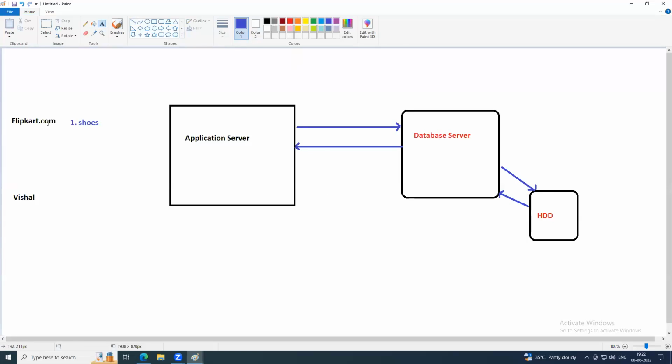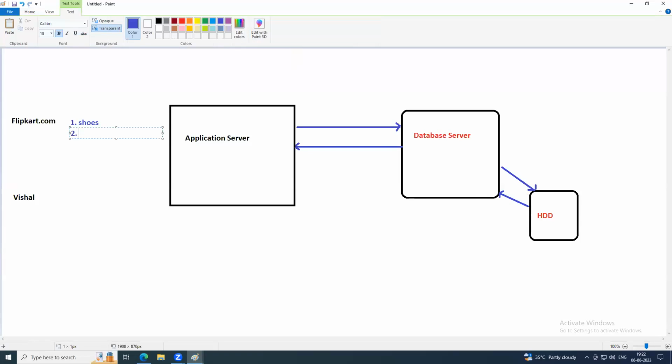Now tell me, the second time he is also asking for shoes. Third time also asking for shoes. Fourth time, fifth time, sixth time asking for shoes.